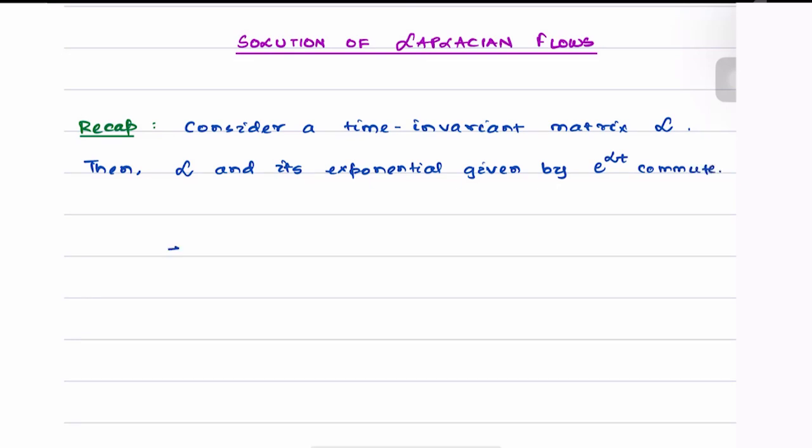So what does it mean? It means that e raised to the power Lt times L is the same as L times e raised to the power Lt. Why does it hold?